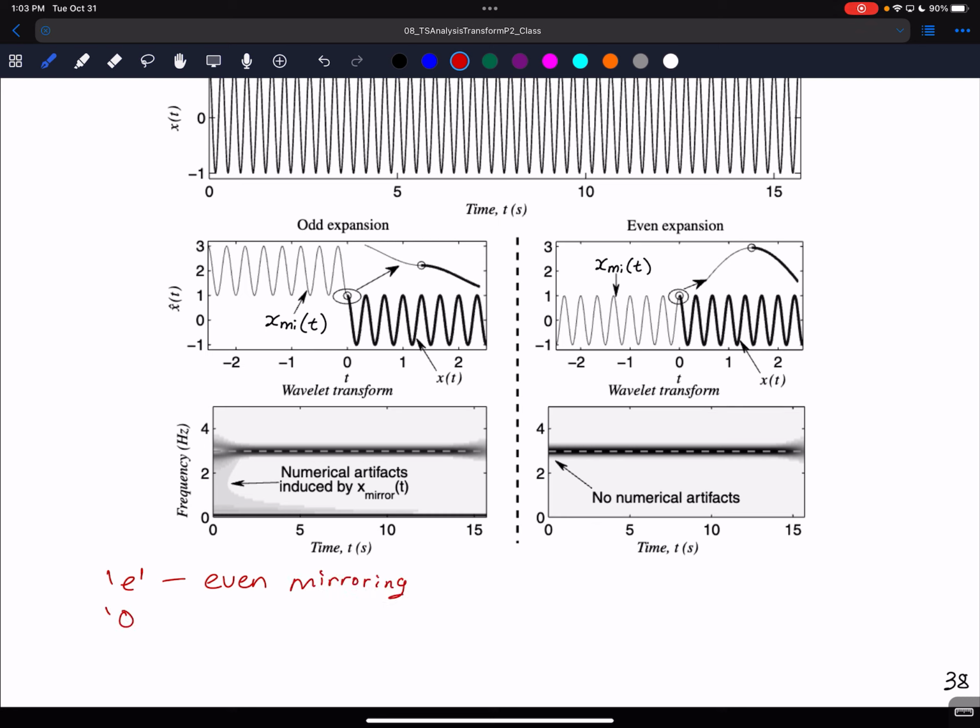If you supply a lowercase o, this gives you odd mirroring. If you don't provide anything, it goes to even. But if you give it anything else, it will do no mirroring, which sometimes works better than mirroring. I don't really have a rule of thumb for when that happens.